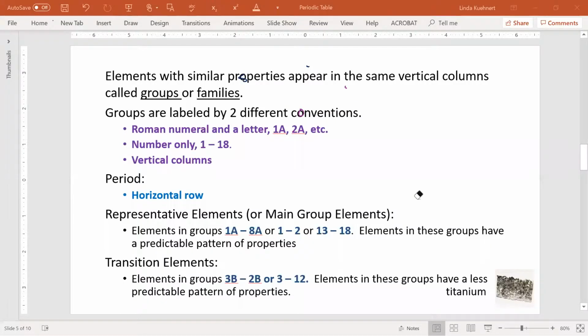So we've discussed our groups or families, the row or period, representative or transition. And when we look at the periodic table, we'll see both Roman numeral notation used for our columns, and we will see the number only notation, 1 through 18, on our columns.